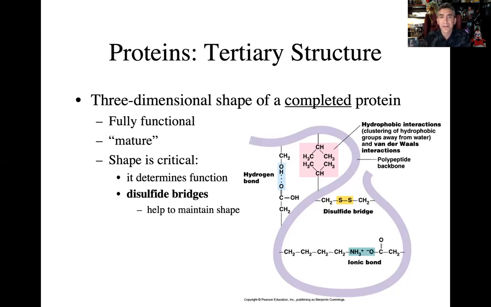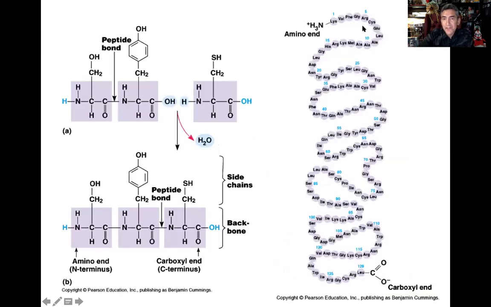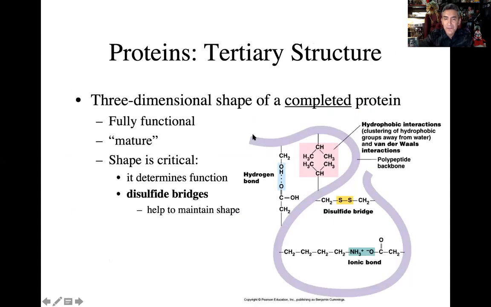This is when they're fully functional, mature, quote unquote. So that little purplish chain is represented by this little purplish ribbon. So that's the amino acid backbone, but then we start to stabilize and we make it into a three-dimensional shape.